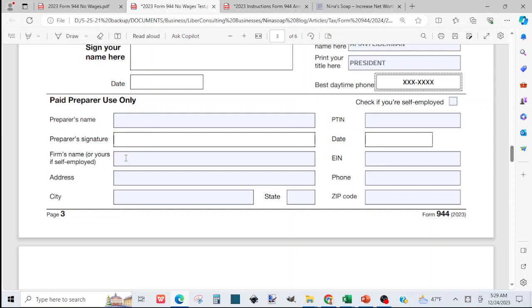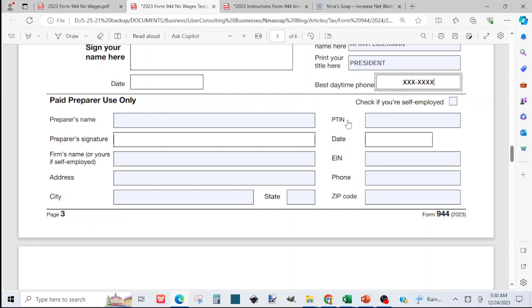And for your tax preparation business, where they say firm's name, you'll enter your business address, you'll put your PTIN, and after you print it out, you sign and date. But while it's still on your computer, you enter your tax preparation business EIN, your phone number, and your zip code.